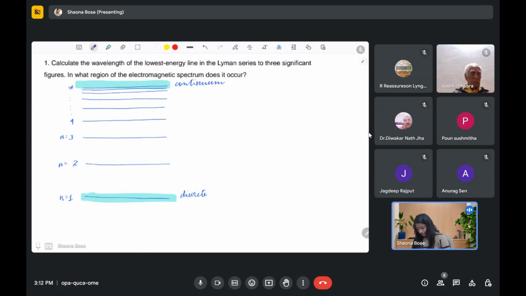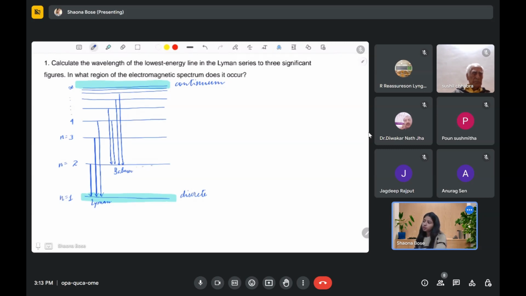All the lines which fall on the n is equal to 1 orbit, this is the Lyman series. N is equal to 2, this is the Balmer series, and so forth.